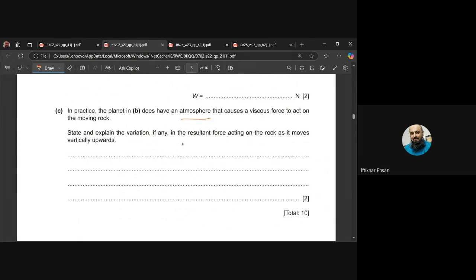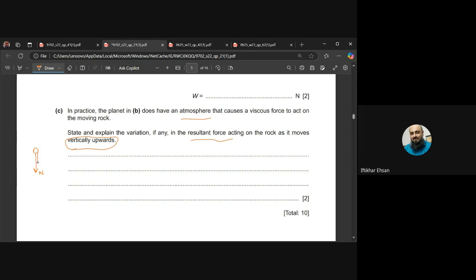Then explain the variation, if any, of the resultant force acting on this as it is moved vertically upward. Moving vertically upward, there will be a weight and we throw it up. So beta, when we throw it up, there will be a drag force that is opposite to the direction of motion.